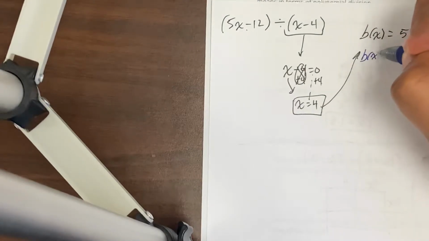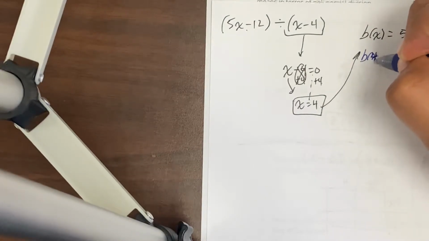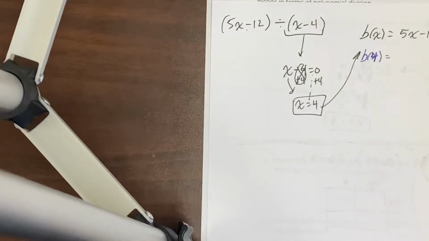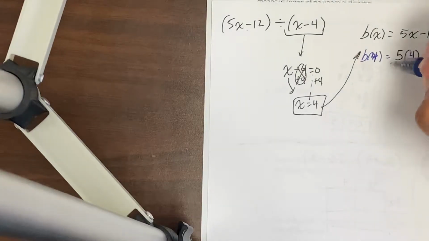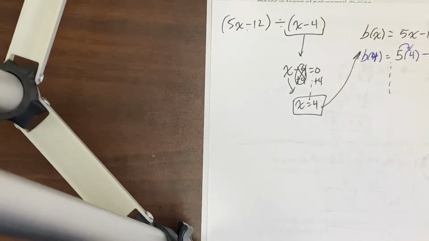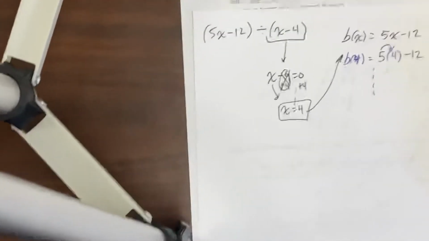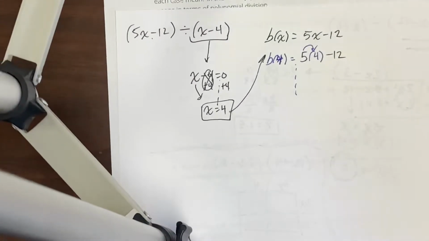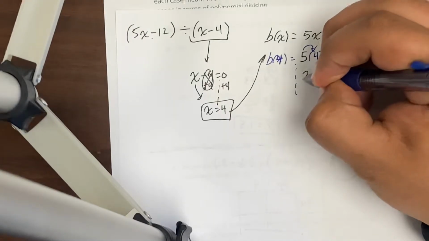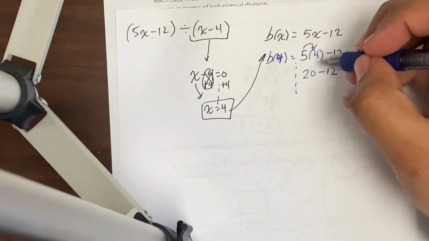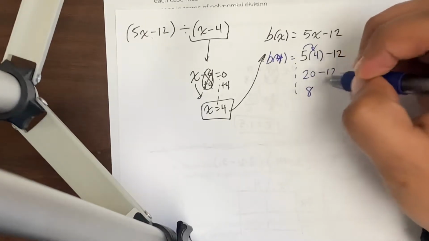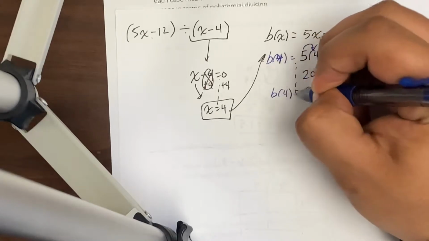Got b of 4 equals 5 times 4 minus 12. 5 times 4 is 20. Bring down the minus 12. 20 minus 12 is 8. So b of 4 is 8.